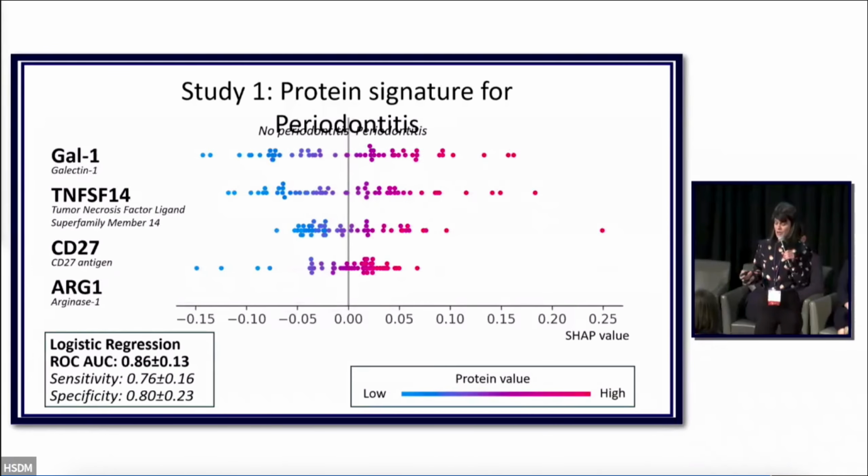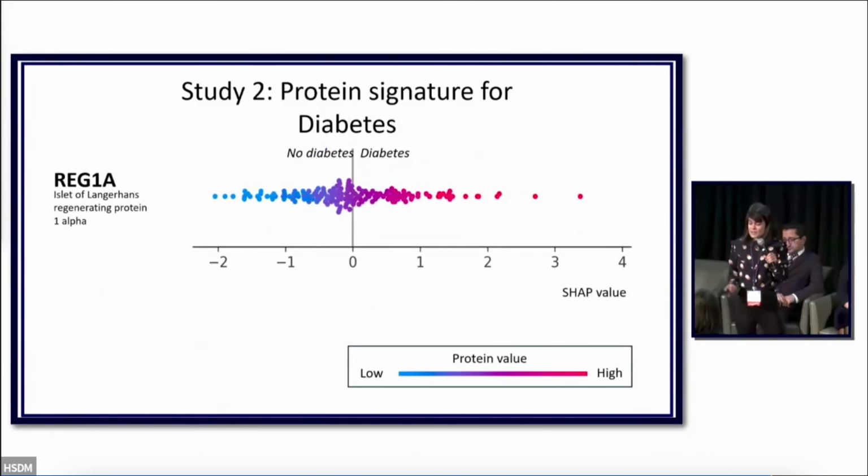Another thing which is very important to check is to have a good ROC-AUC. We want to have good performance metrics, because otherwise the protein signature that we have is not reliable enough. I did the same for diabetes, and for diabetes we have a top protein, REG1 alpha.